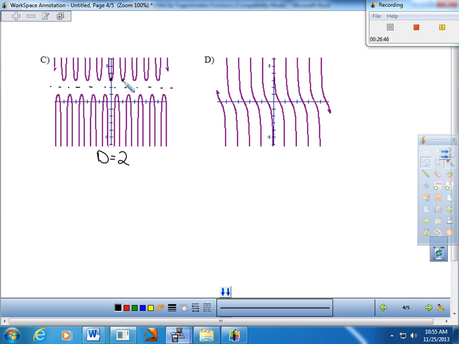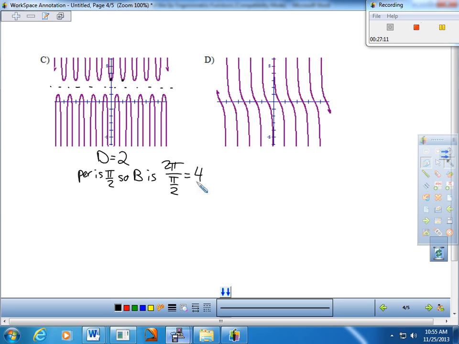So the period seems to be pi over 2. So the B value is 2 pi over that. And we've seen this once or twice before. You can kind of clean this up nicely here, but long story short, should probably get 4 as the B value.